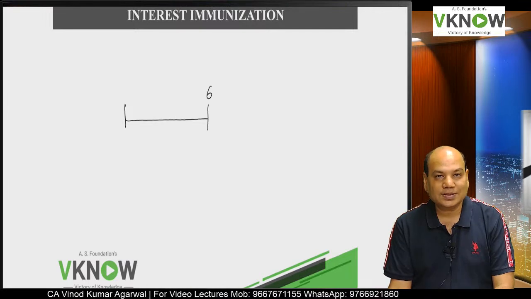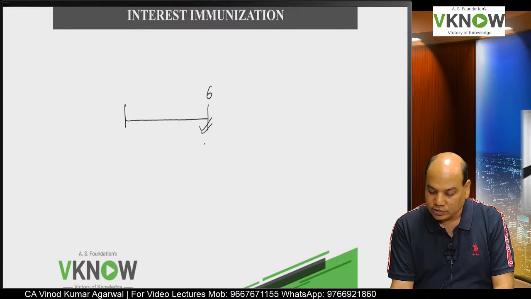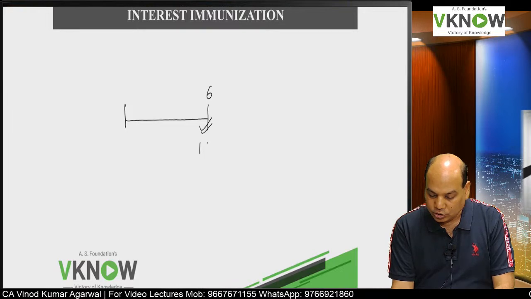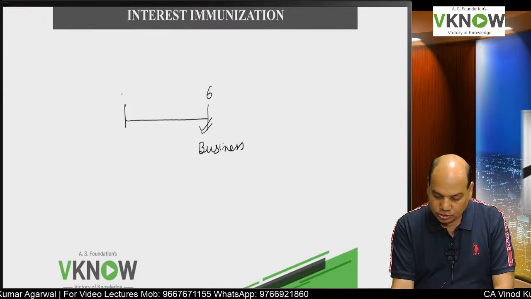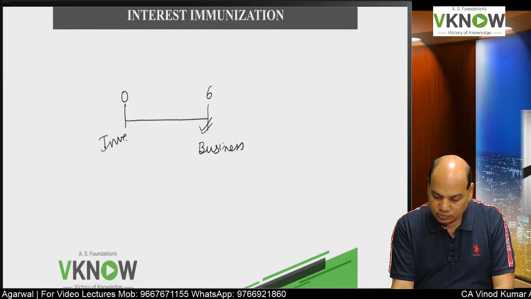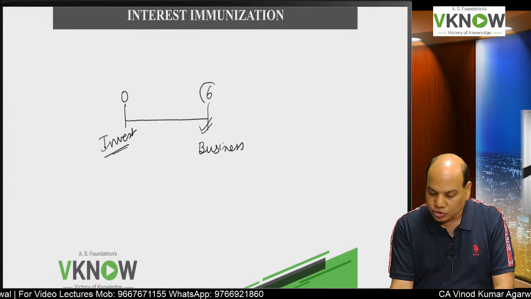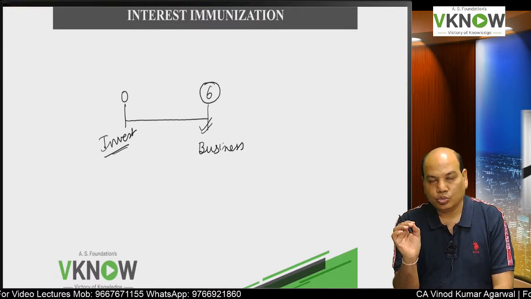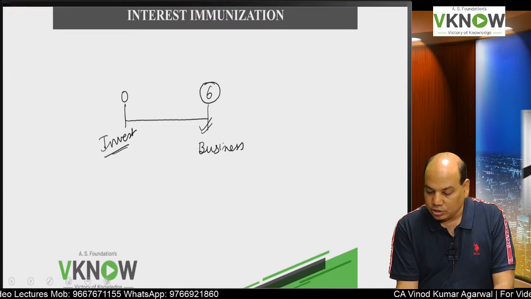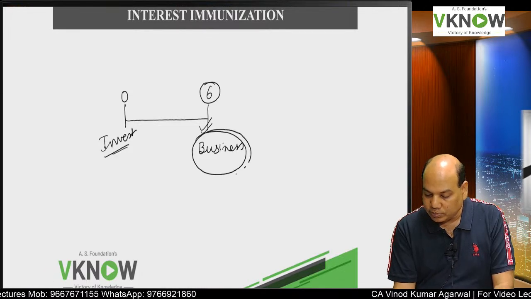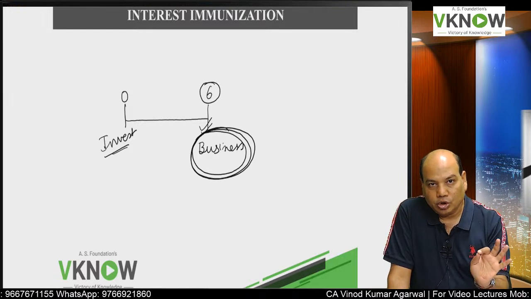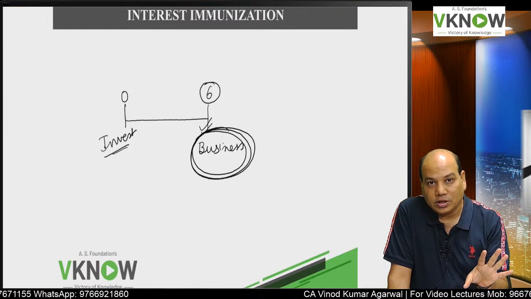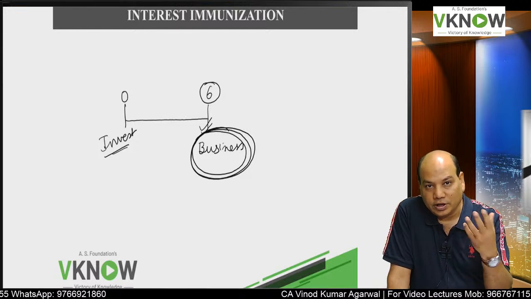Suppose you want to hold the bond for 6 years. You want to sell the bond after 6 years because you want to use that money for some business purpose. In year 0, you invest an amount. So you are carrying a risk that your desired amount of money at this point may not be realized. Either the interest rate may fall or interest rate may rise.